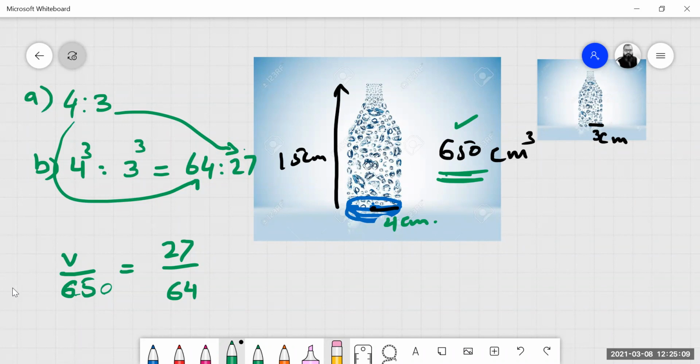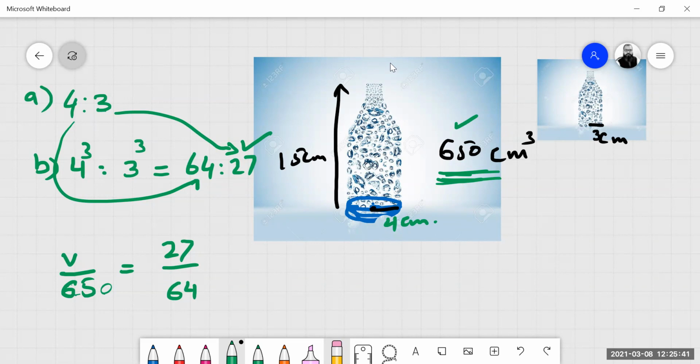Volume of the bigger bottle is 650, already given. So V over 650. The factor ratio for the smaller bottle is 27, so we write it up. And the factor ratio for the bigger bottle is 64. We write it down. Understand?